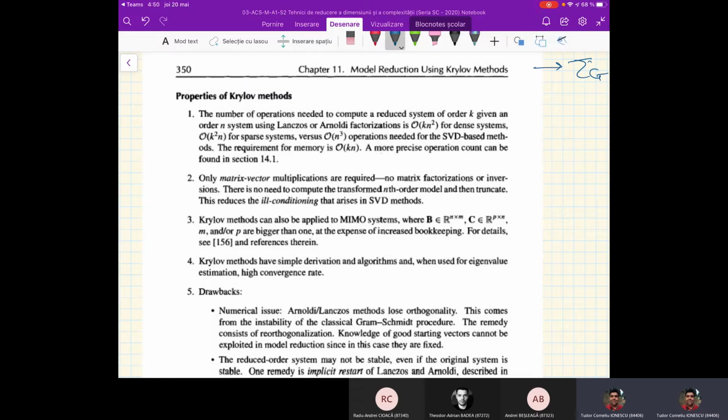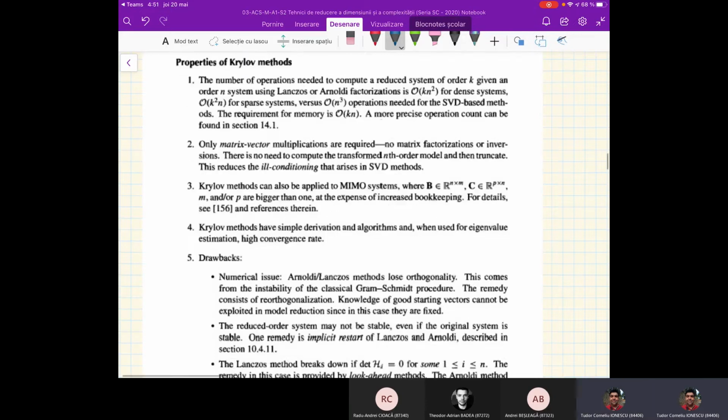There is no need to compute the transformed model and then truncate. In balanced truncation, if you remember, you need to compute the balancing transformation first, and that's quite tedious and costly. And then you perform the truncation. It's not the case this time. This time we have an iterative procedure here. It just goes along.